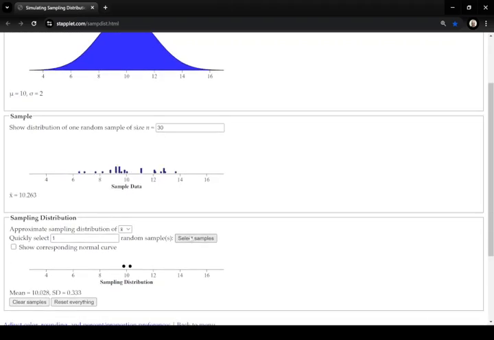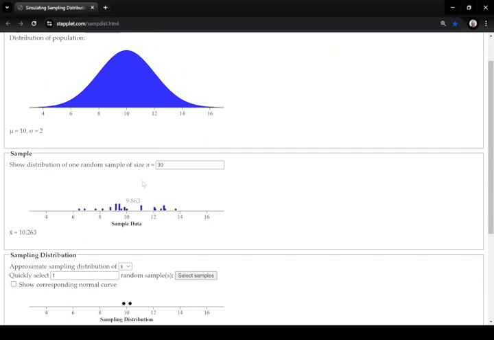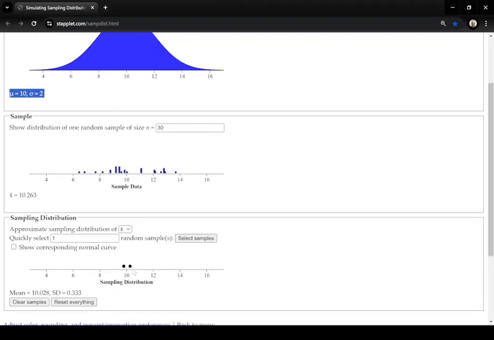Let's try it again. I got another sample of 30, with a lot of values within one standard deviation of the mean, essentially. That time my sample mean is a little above the real mean. I'm graphing the x bars down here.